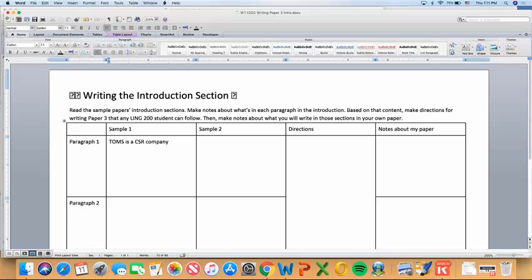What's the second paragraph? What does it talk about? Tom's CSR activity. Yeah, so they talk about Tom's CSR activity and also CSR in general. So a broader approach to it.